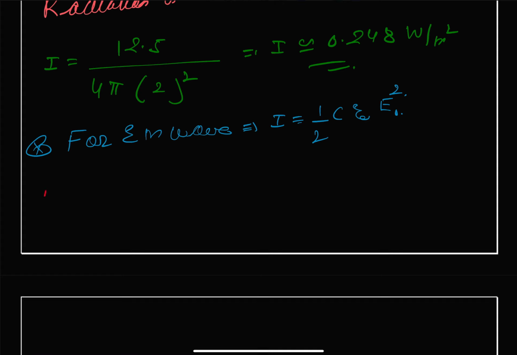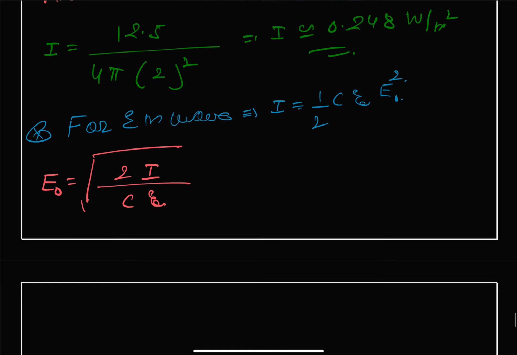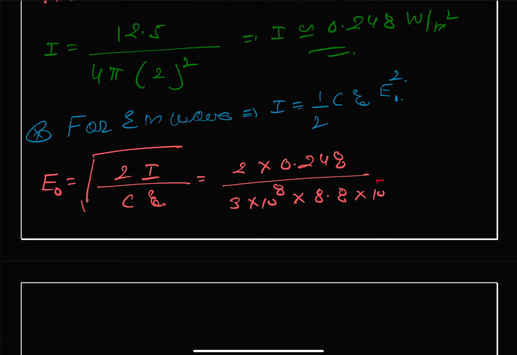Therefore, our E naught will be equal to the square root of twice I divided by C epsilon naught. We simply substitute the values. This will be equal to the square root of 2 times 0.248 divided by C, which is 3 into 10 to the power 8, times epsilon naught, which is 8.8 into 10 to the power minus 12.